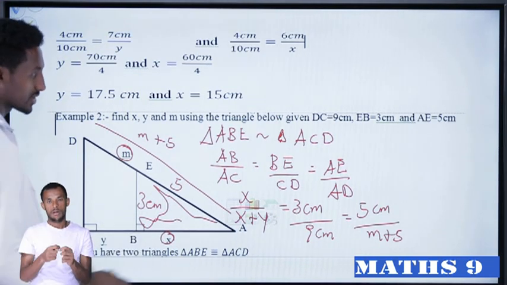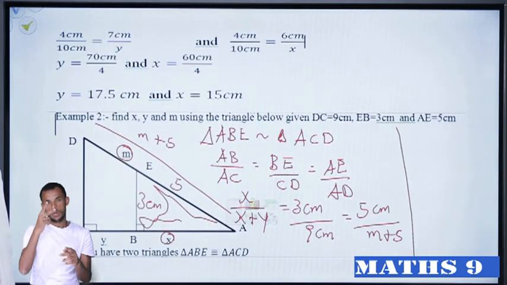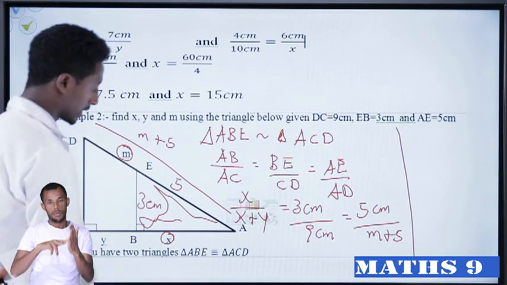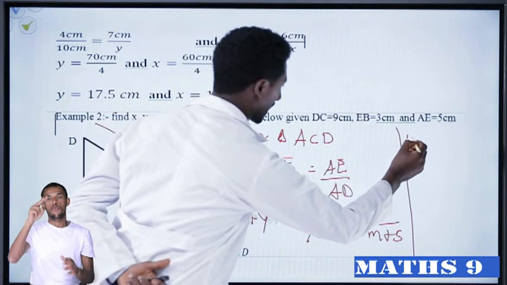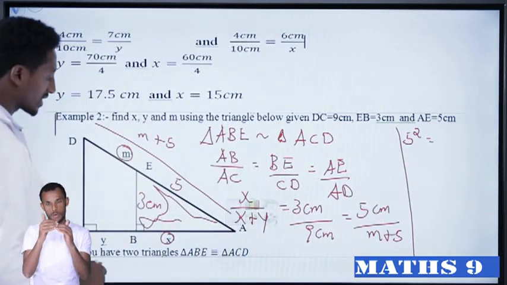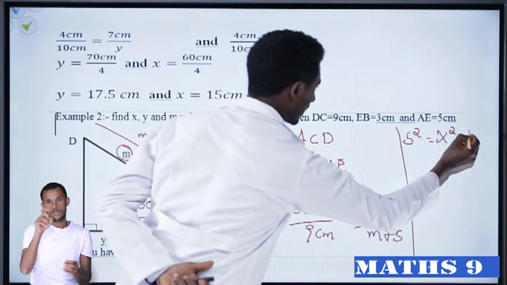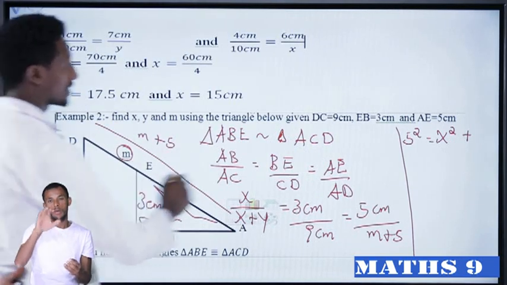If it is a right angle triangle, we can apply the Pythagoras theorem. The square of the hypotenuse, that's 5 squared, equals the sum of the squares of the other sides. That is x squared plus the other side BE, which is 3 centimeters, squared.